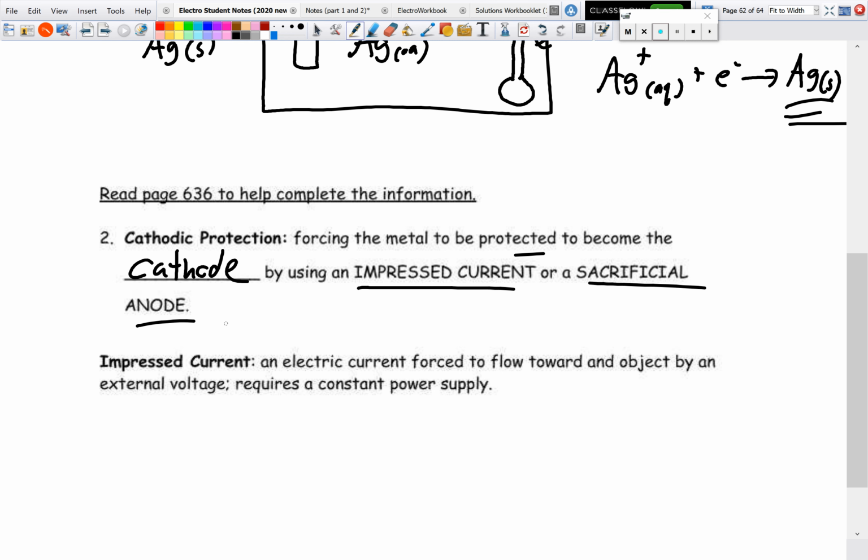So what that means is we're forcing the metal being protected to become the cathode, so it's not going to react in the reaction. It's just going to have a reaction occurring on it. Because remember, a cathode is just a solid which helps transfer electrons for the reaction to occur.